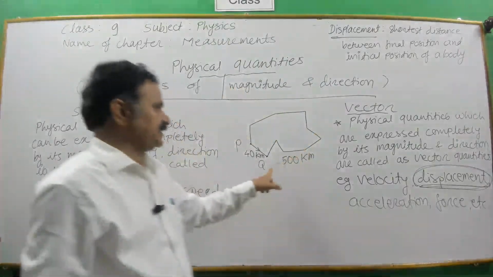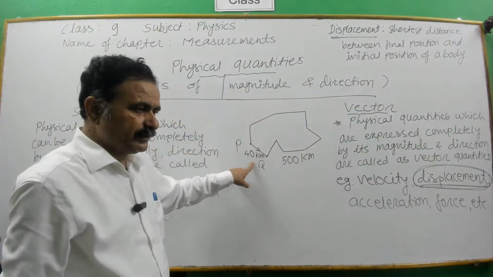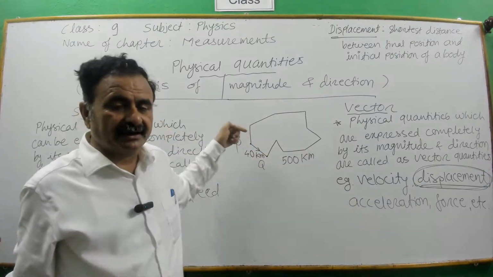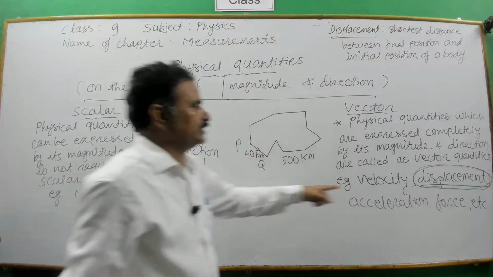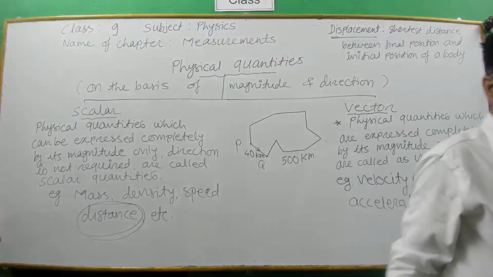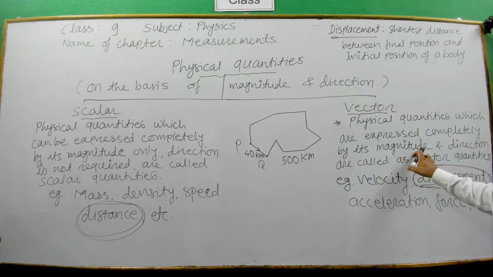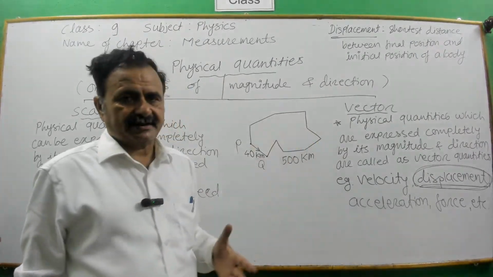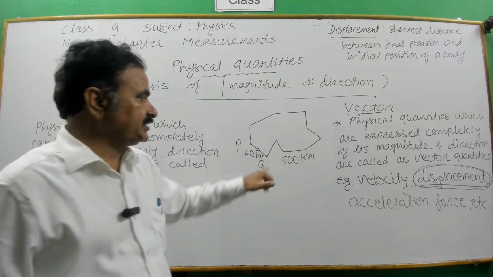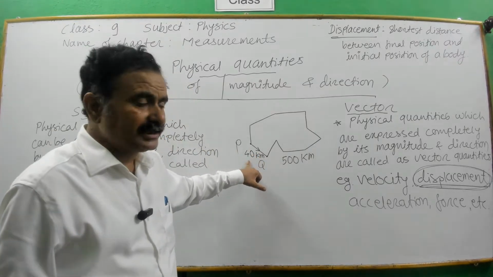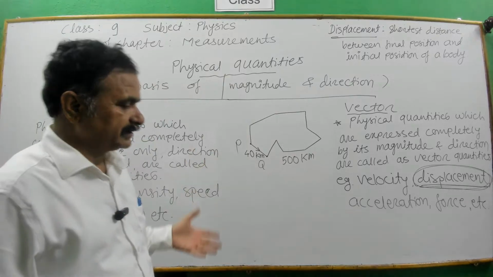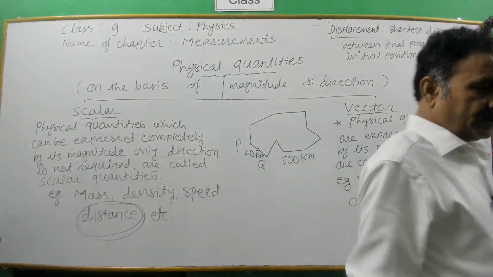So that is the displacement. Here magnitude, 40 kilometers, is required, as well as a particular direction, ये भी required. So that's why displacement is a vector quantity. Displacement क्या है बच्चों? Vector quantity. These vector quantities are expressed completely by their magnitude as well as direction. Clear? Write on this.